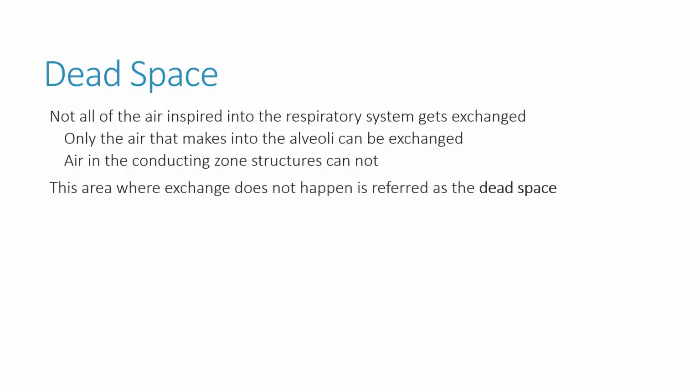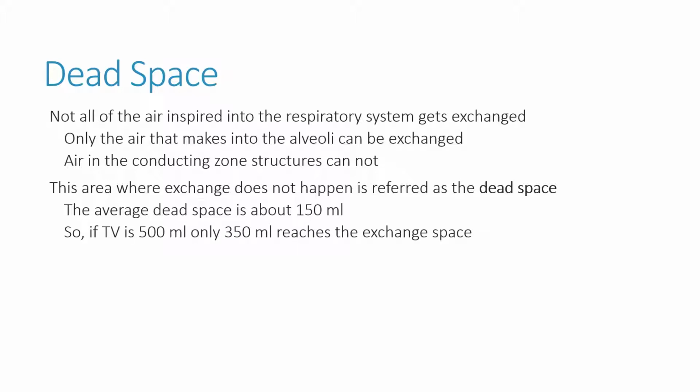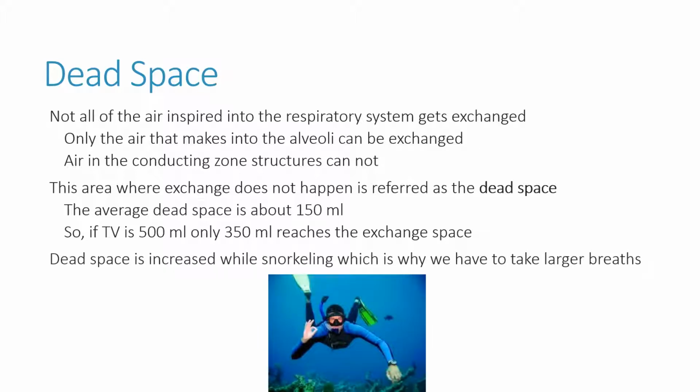This area where exchange does not happen is referred to as the anatomical dead space. The average dead space is about 150 milliliters. So if tidal volume is 500 and our dead space is 150, only about 350 milliliters reaches the exchange space.